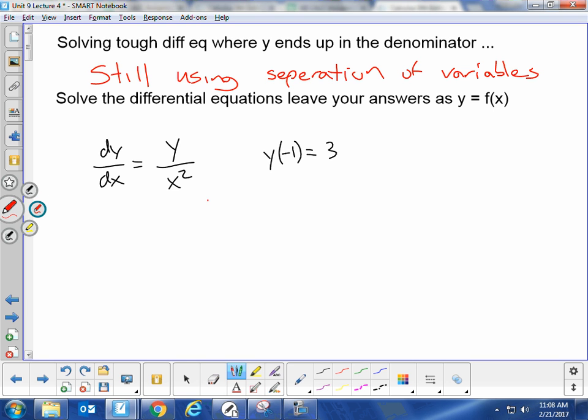So let's separate our variables carefully using algebra. You can't just move the dx's, move the y's. We'd have to move the y by multiplying by 1 over y. And I'd move the dx's by multiplying by dx. The x squared would stay in the denominator on the right side. The y would be in the denominator on the left side. And I'd have something like this.